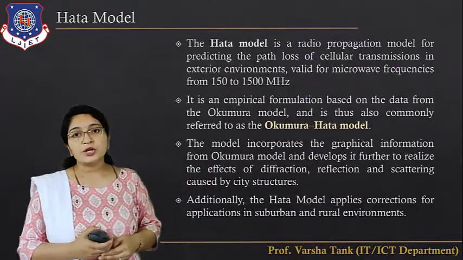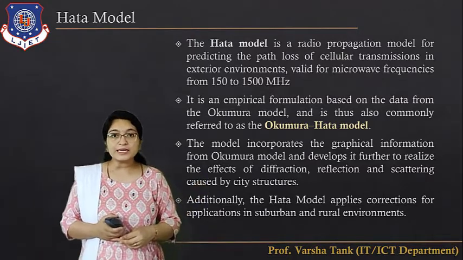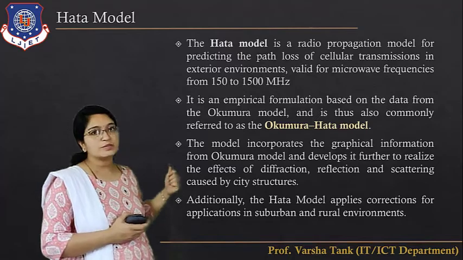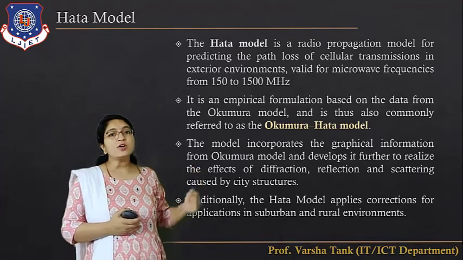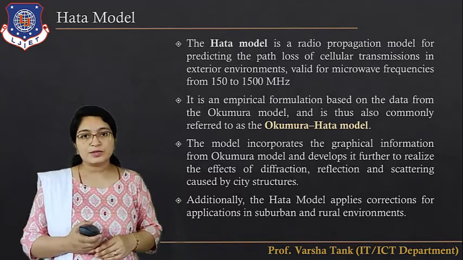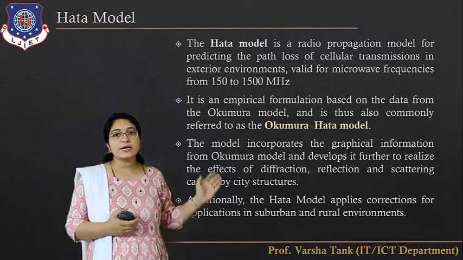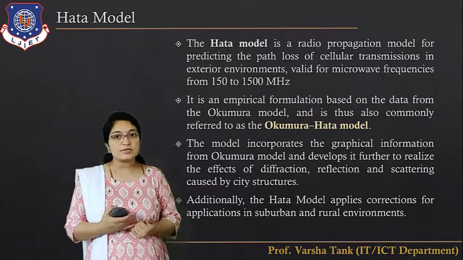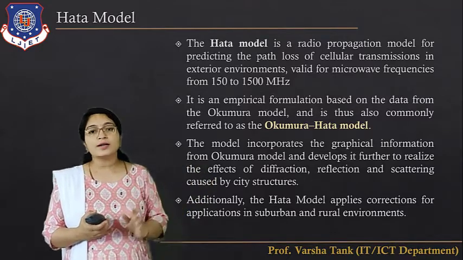Now, next one is the Hata model. What is the Hata model? The Hata model is a radio propagation model for predicting the path loss of cellular transmission in the exterior environment. It is valid for frequencies from 150 to 1500 megahertz. It is an empirical formulation based on the data from the Okumura model, and it is thus also known as the Okumura-Hata model.